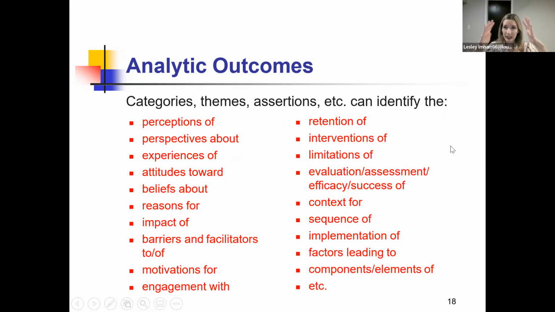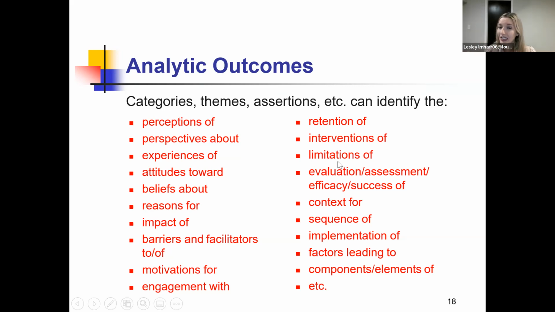And so what are we looking for when we develop our categories, themes, or assertions? Here is a list. This can be vast because it really depends on the projects and your analytic goals and the aims of your program evaluation, or your needs assessment in this case. So we want to look at perceptions of, perspectives about needs, experiences of having a need that's gone unfulfilled, attitudes towards needs at an organization, beliefs about that need, and so on and so forth.